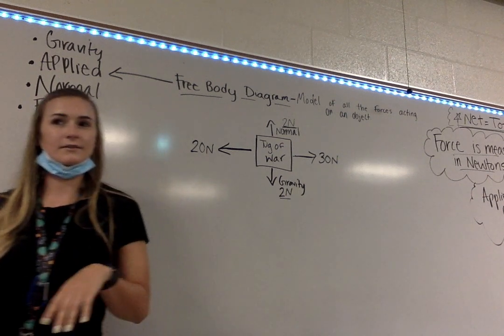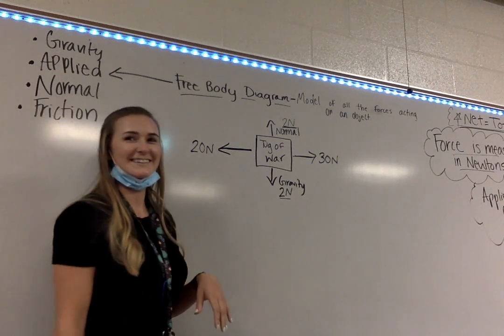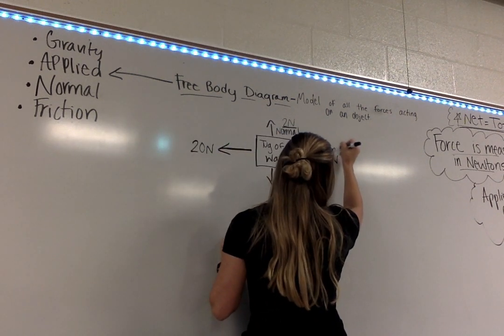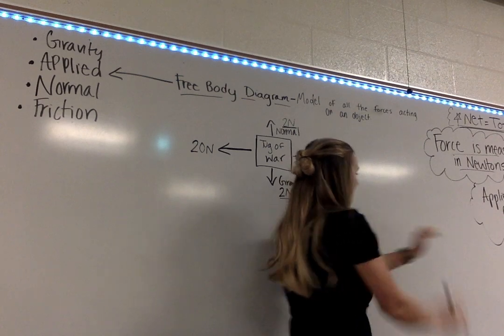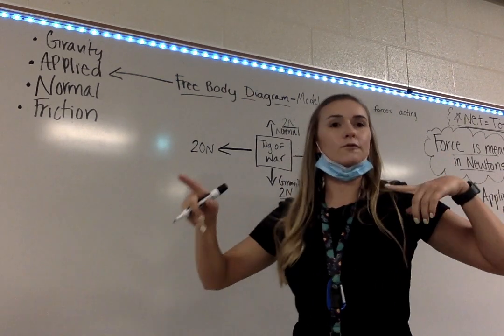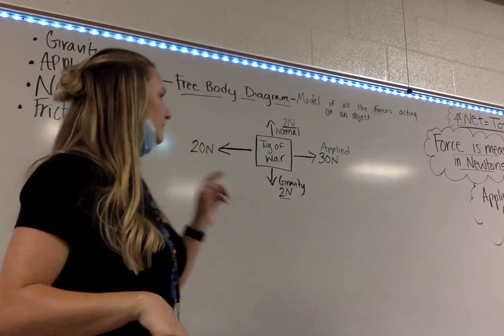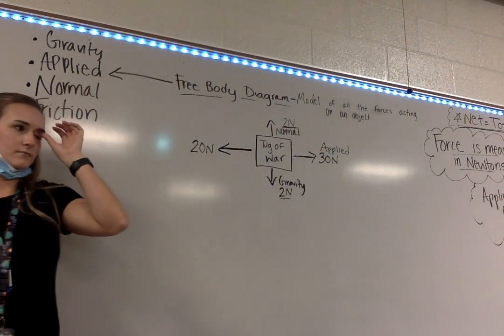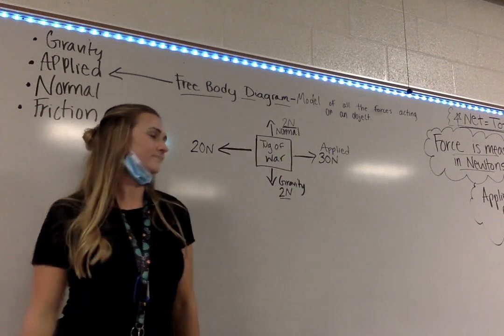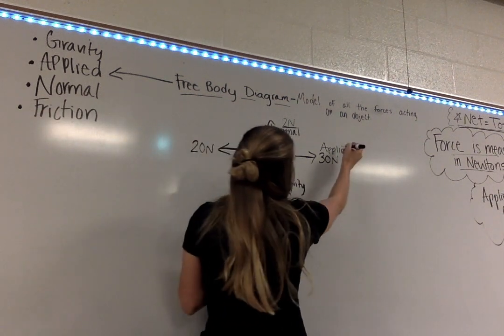Is the applied? No, it's 30. Okay, you might want to add this too. Applied is always the higher number. If I give you a scenario that has force in it, applied is always higher. What if they're the same number? If they're the same, then it is 0 and it is not moving. That's not a bad question. That was a good question.